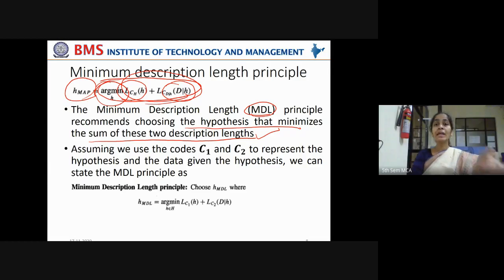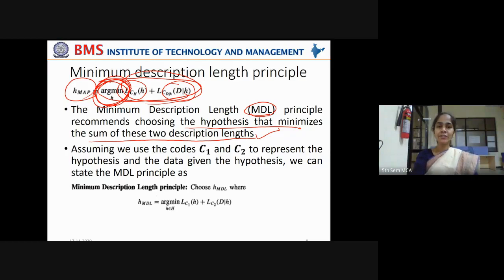That would be your simplest hypothesis you are searching for, because you prefer simpler solutions over complex solutions. Simpler solutions are here represented by argmin. You are minimizing the description of the hypothesis to make it as simple as possible and to make it the most probable solution for your given training examples.